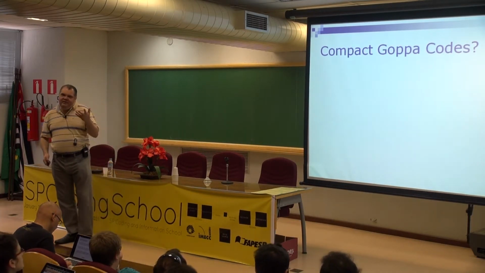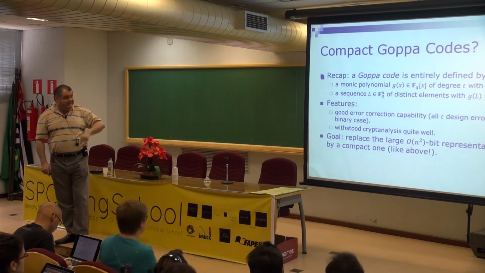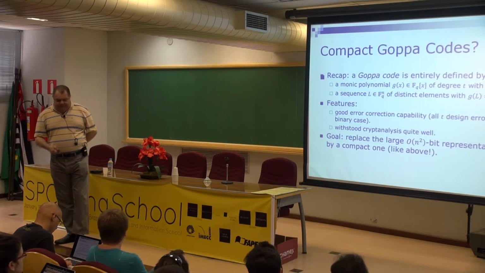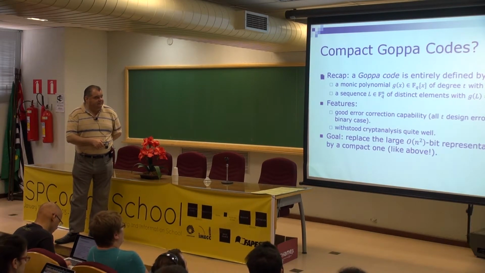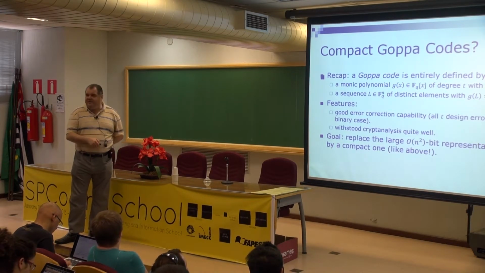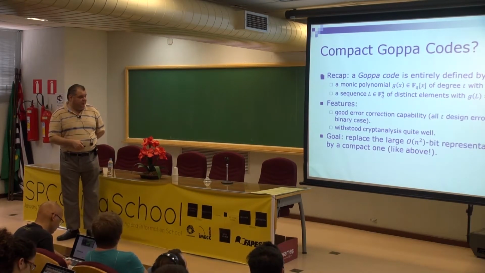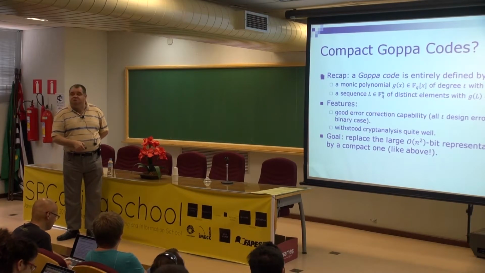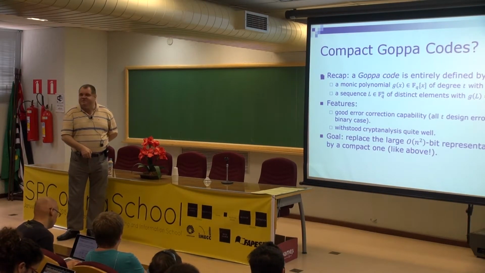How do we tackle this problem? So perhaps there are compact Goppa codes, short Goppa codes in some sense. Okay, so just to recap, we need a monic polynomial G and a sequence of L distinct elements. That's the code support. We know that Goppa codes will be interesting for implementation.